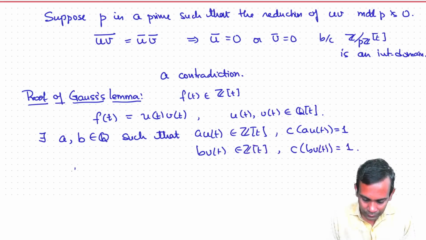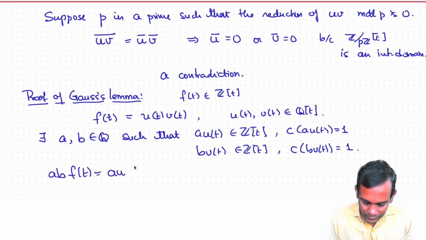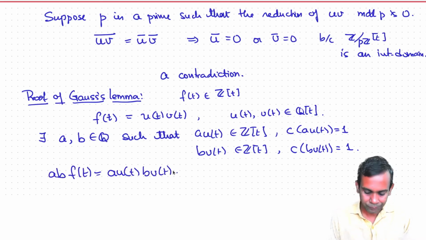And we have f(t) = u(t)v(t), so here we would have ab times f(t) is a·u(t) times b·v(t).